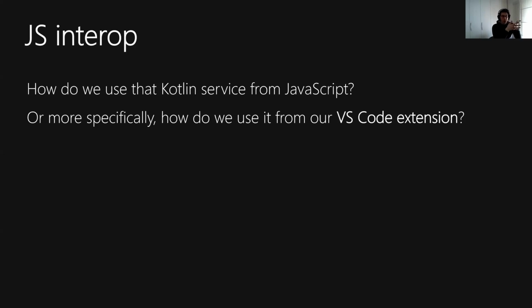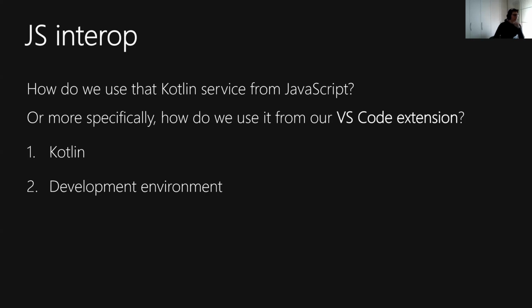So how do we export those services so that they are visible in JavaScript? This is split in two parts. The first part is configuring the Kotlin toolchain correctly. And the second part is setting up the development environment in the most optimal way.